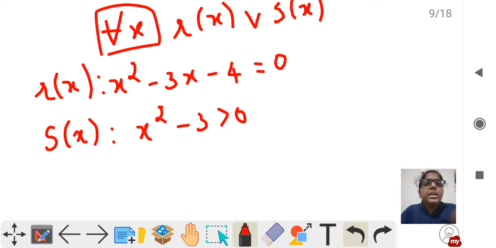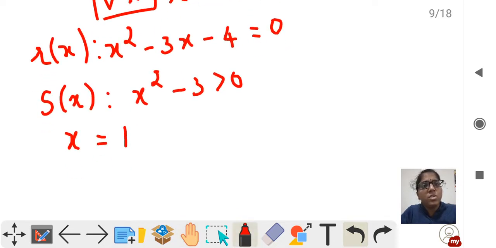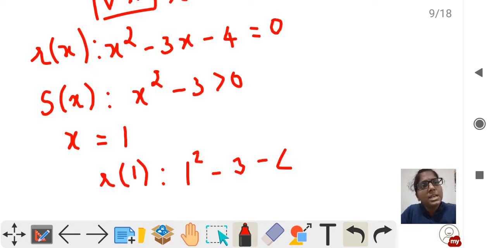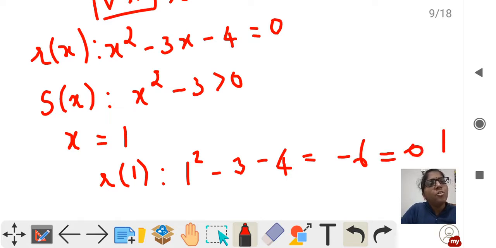Okay. So here if you are having for all x, then it should be satisfied for every x, right? If you take the value as 1, okay, so r of 1 will become 1 squared minus 3 into 1 is 3, 3 minus 4, which will become 1 minus 3 minus 4. So it is minus 6, which is equal to 0, is a false statement.